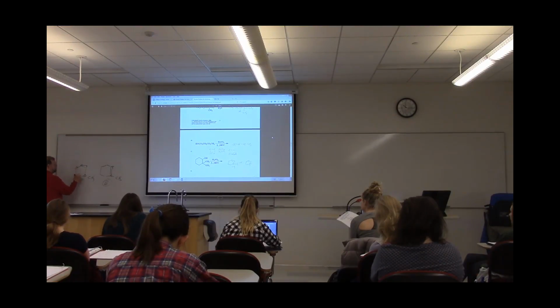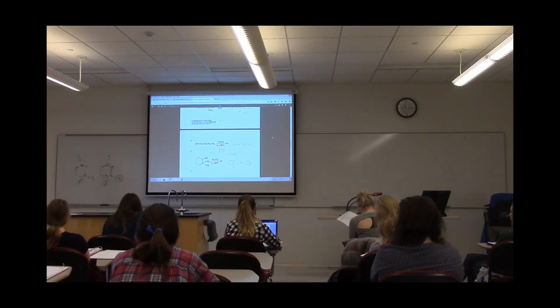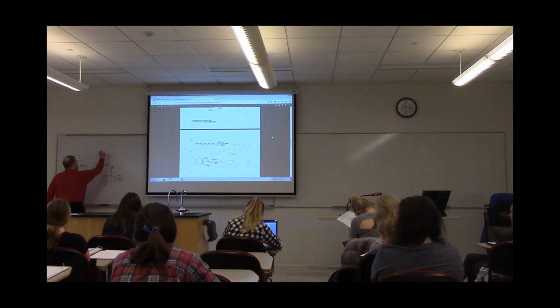You don't count this because it's not directly bonded to that carbon. So you see two here. Let's go here. Here are my two carbons of the double bond: one, two, three. Now you have to use your high-level math skills and find out which one is the larger number. Time's up, hopefully you pick three. And therefore, the way I am teaching Zaitsev's rule, this is the product you get.